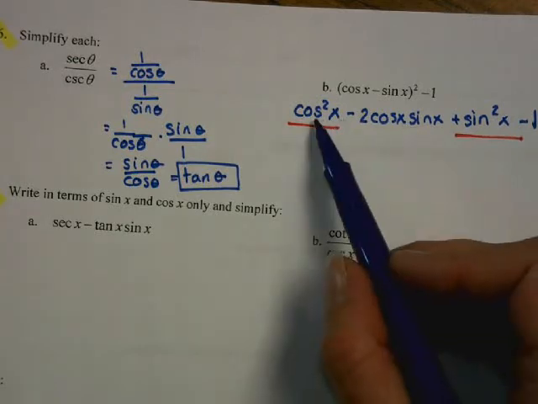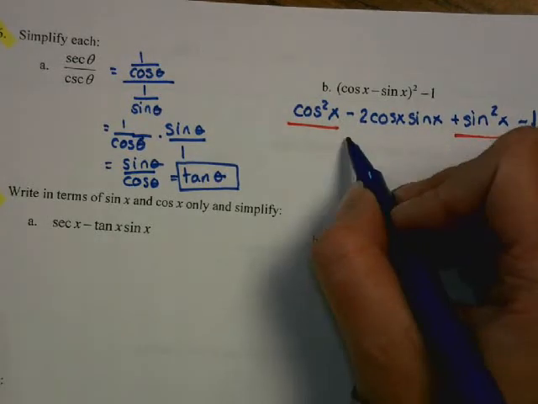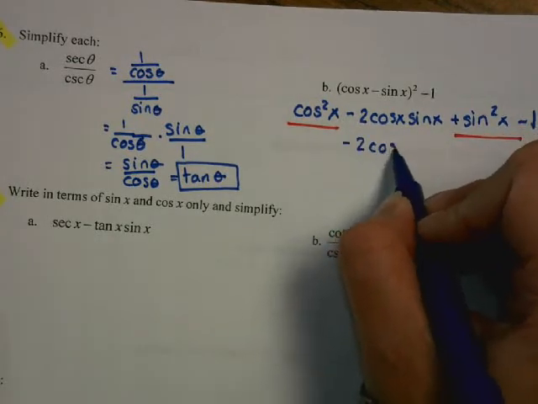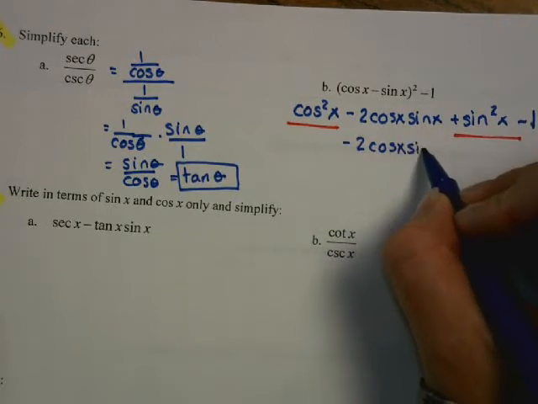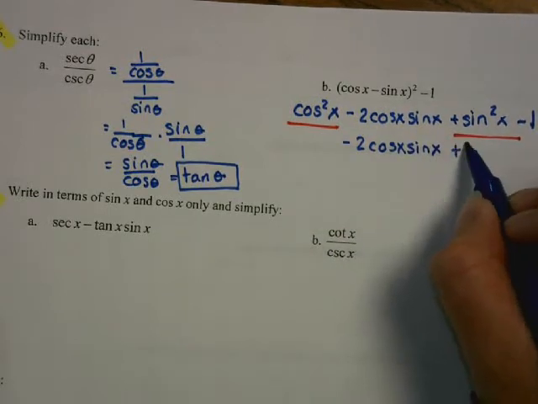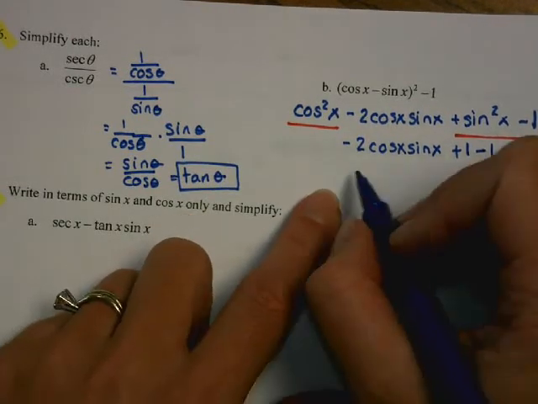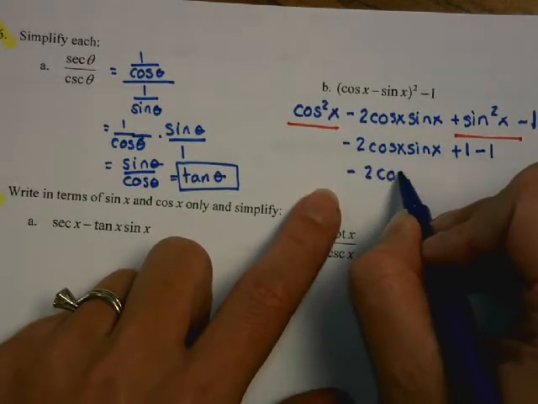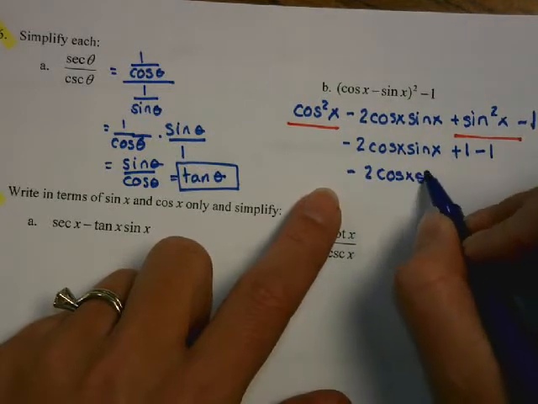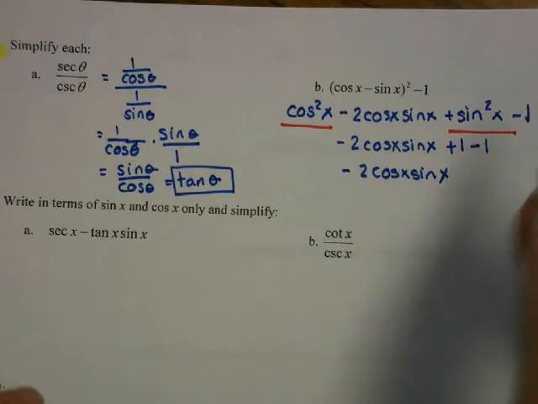So for this, cosine squared plus sine squared is going to get replaced with 1. Plus 1 minus 1. So those obviously cancel, and we have negative 2 cosine x sine x when we're done.